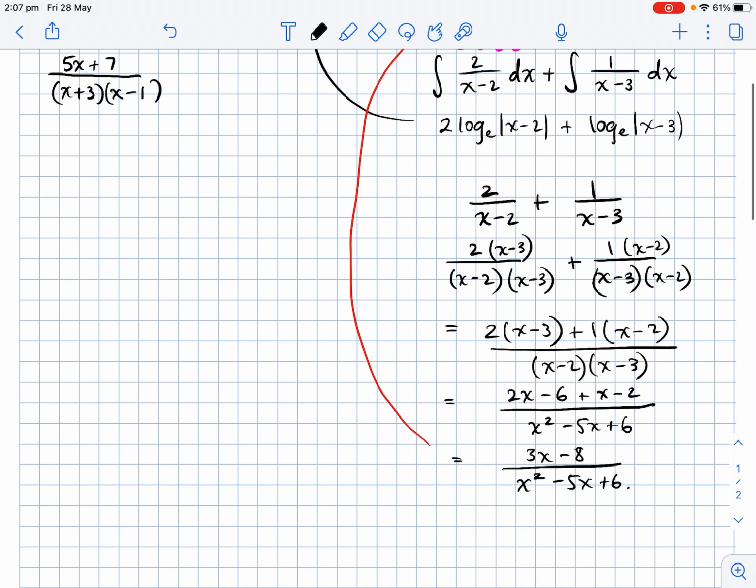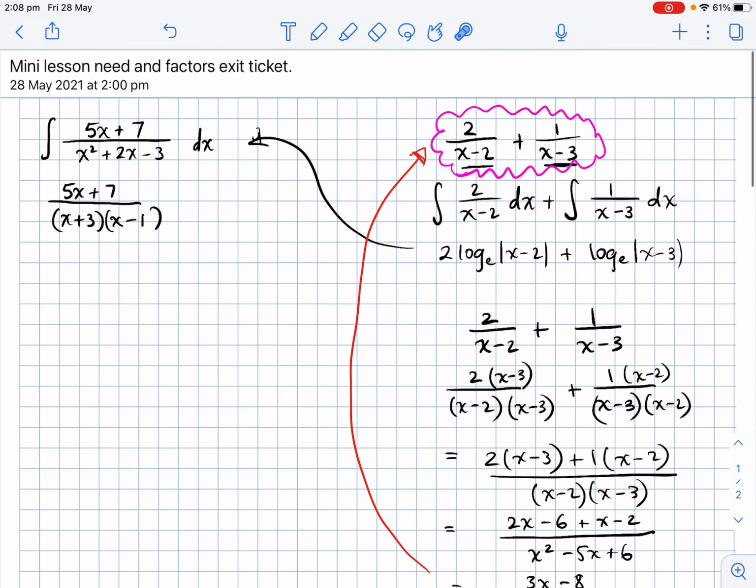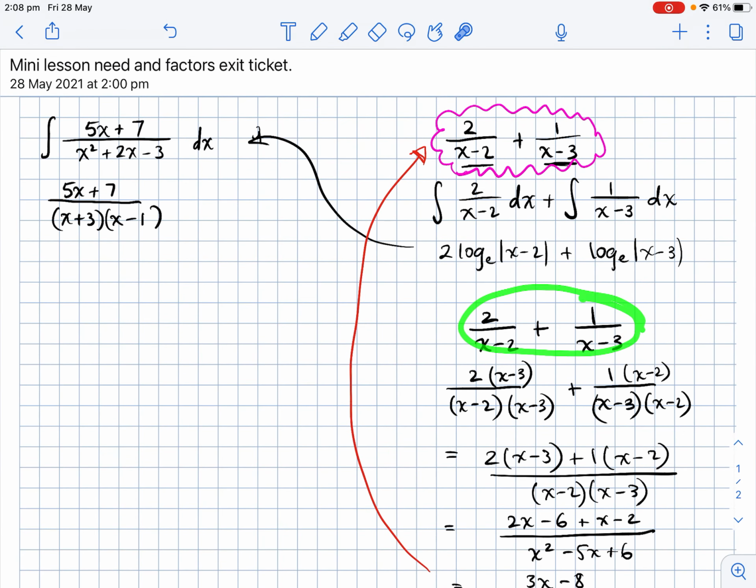Looking at my problem down here, I've got to the point where I've separated the denominator into two linear factors. And I want to try and go back to this form, where I've got the 2 over x minus 2 and 1 over x minus 3.